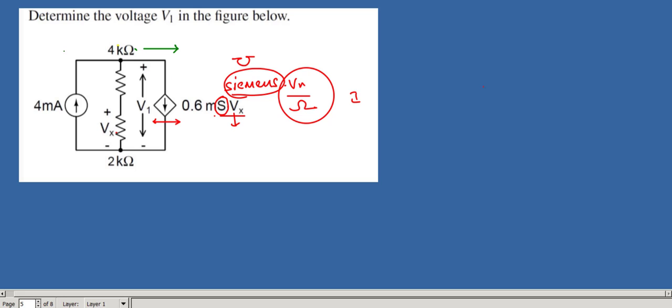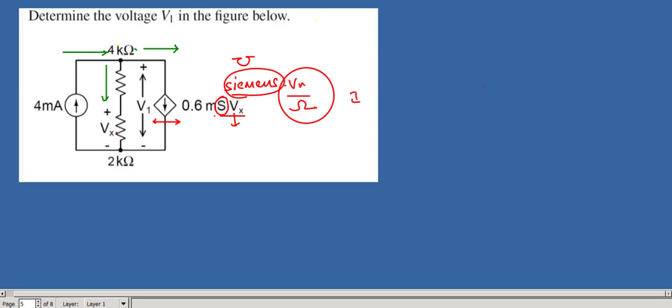Here current is entering. So this V1 is this branch voltage, because these three branches are in parallel.